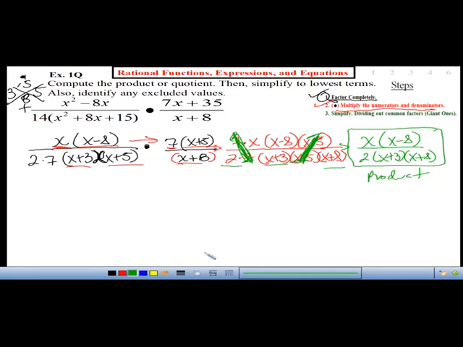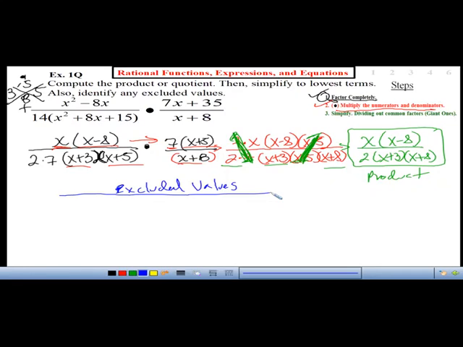I'm going to switch to blue. Excluded values. All right, let's see.